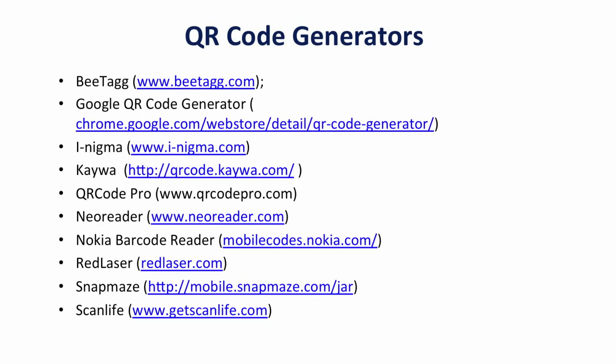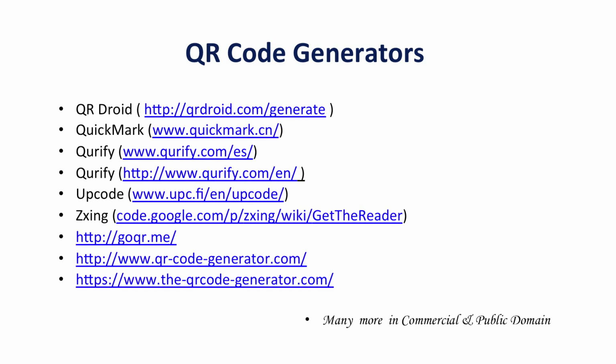This is the list of QR code generators, and another list also, these are very simple. The QR code generators are many, these are only a few examples, many more are available both in the public domain and commercial. One point is very important I want to convey here: if a library wants dynamic QR codes and needs analytics for its purposes, they have to go for a commercial one.